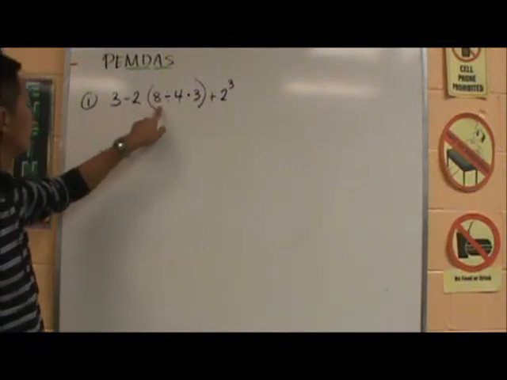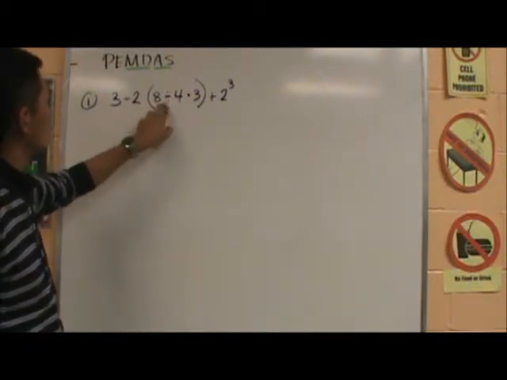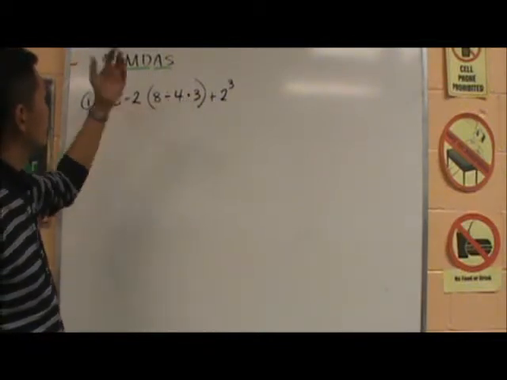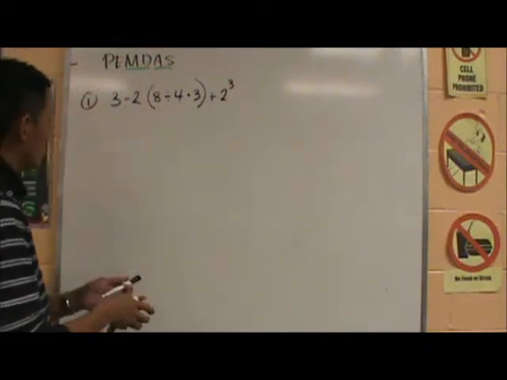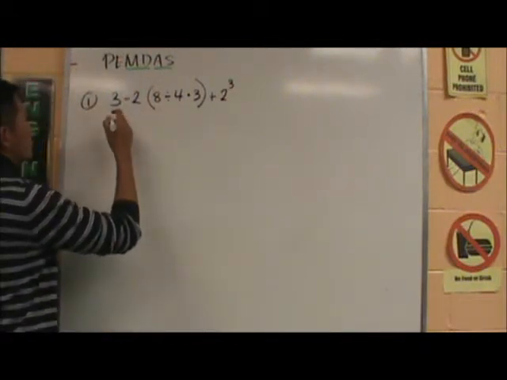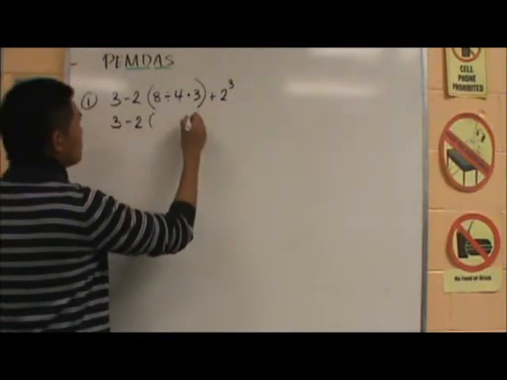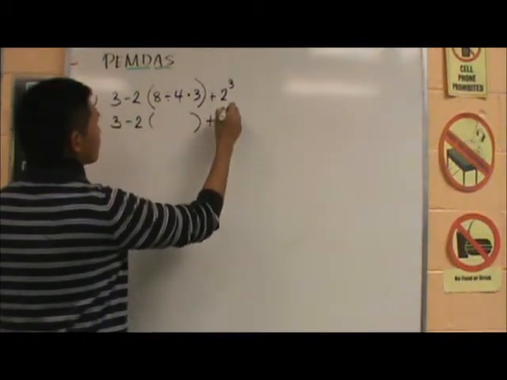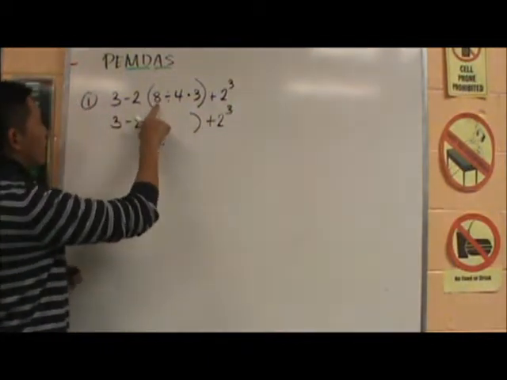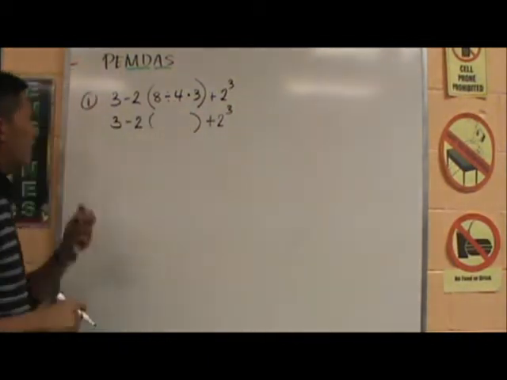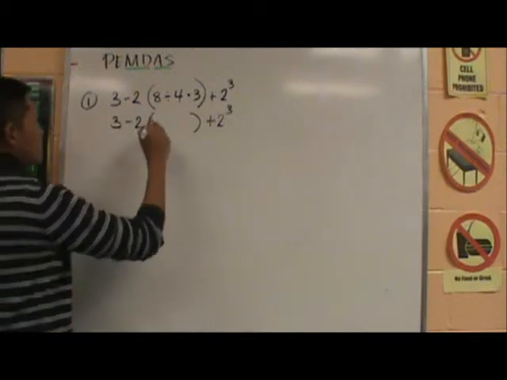But because division comes first before multiplication from the left, then we have to divide first. So now we have 3 minus 2 in parentheses. Okay, let's do it. 8 divided by 4 is 2.